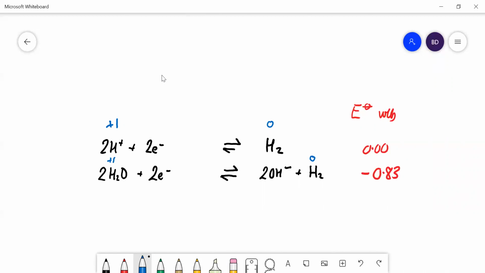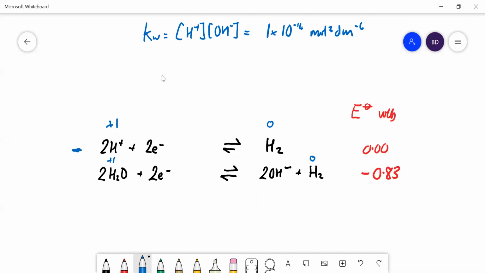Let's just remember Kw. Kw is equal to H+ concentration times OH- concentration, and at 298 Kelvin, it's going to be 1 times 10 to the minus 14, with those units there. Let's have a think about this top equation here.